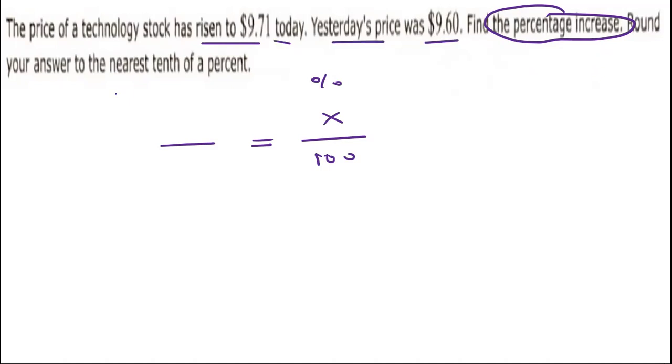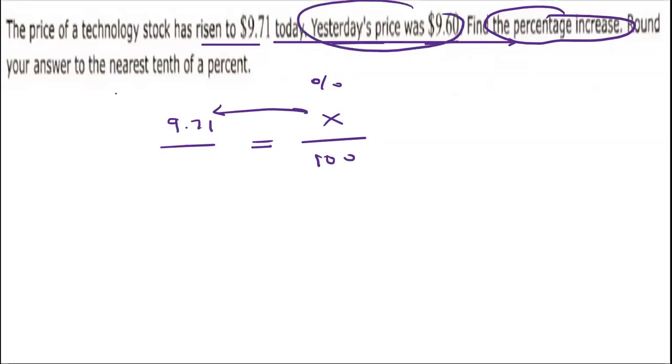So the $9.71 is going to correspond with the percent increase. That means the $9.71 has to go on top, because these guys here are talking about each other. It's risen this amount, but we just want to find out what that percent is. So yesterday's price has to go in the bottom. That's the original price.